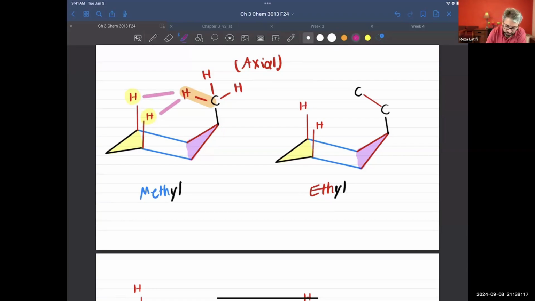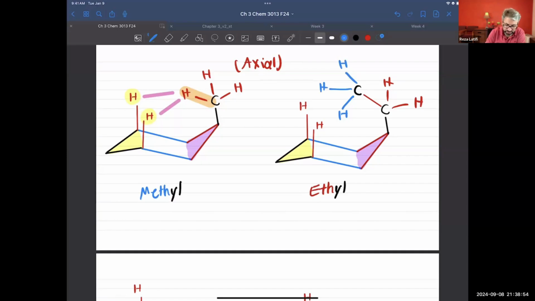Now what will happen if I extend this bond? That means we're going to make this hydrogen closer to those. How do we do it? Instead of putting a hydrogen atom here, I'm going to replace one of the hydrogen atoms by carbon. Now I have a carbon here, and that carbon is not complete, so we need to add 3 hydrogen atoms to it.